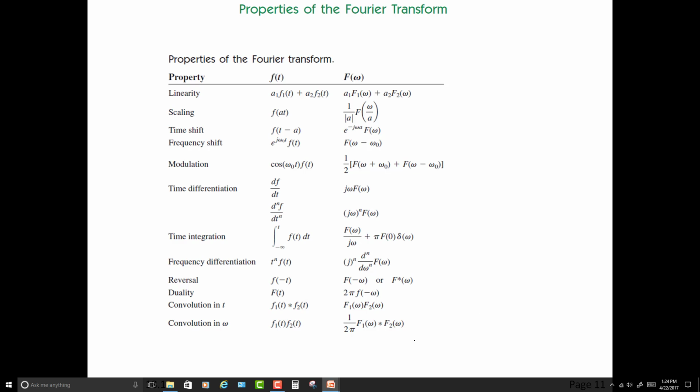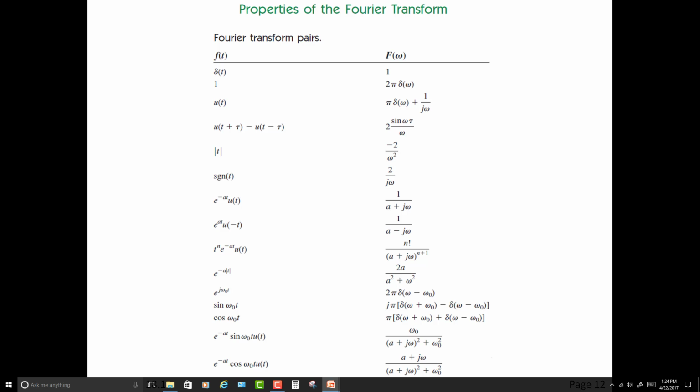Here at the bottom is what we've just discussed: the convolution in time, convolution in omega, in the frequency domain. So the relationships between the time domain and the frequency domain, the Fourier transforms of all the good ones, are right here in front of you.